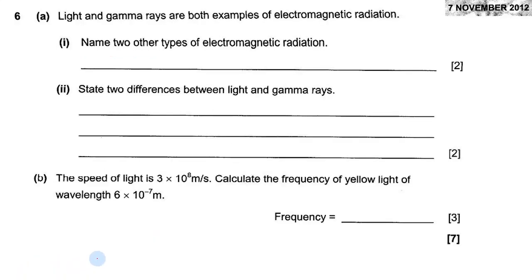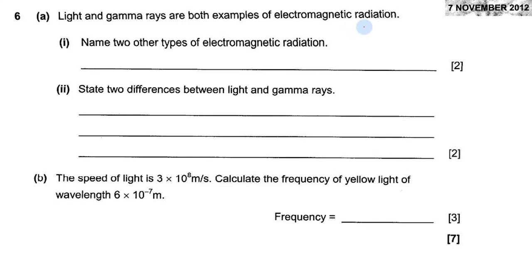Then we move to the other one, which came in 2012, written on the 7th of November. They're saying light and gamma rays are both examples of electromagnetic radiation. Name two other types of electromagnetic radiation.